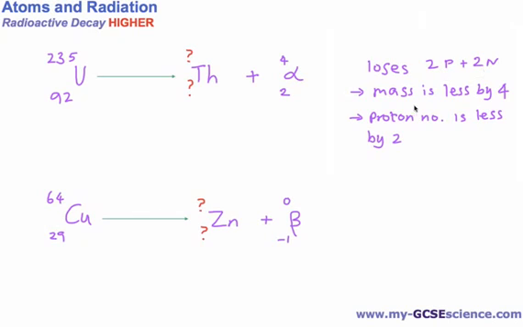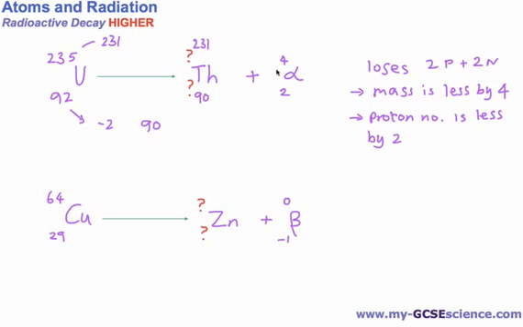That means the mass will be less by 4 and the proton number will be less by 2. So if we take away 2 from there, that gives us 90, and if we take away 4 from there, that gives us 231. So the numbers that go in here are 90 and 231, and it's already told us which element that becomes. And here's our alpha particle which has been ejected and shoots away.